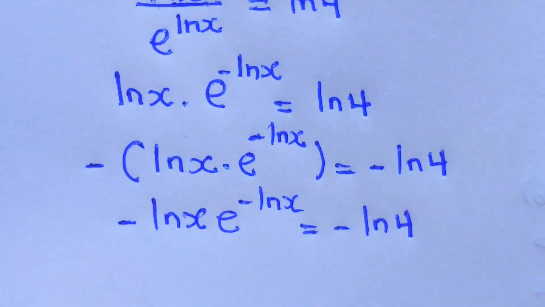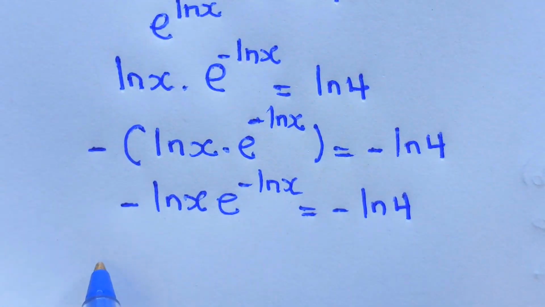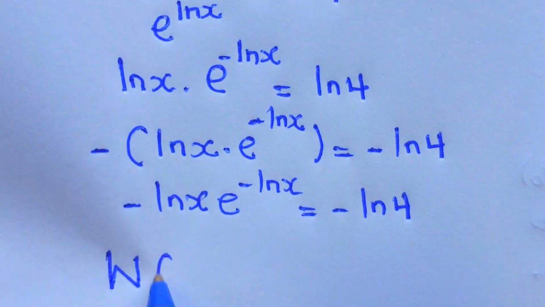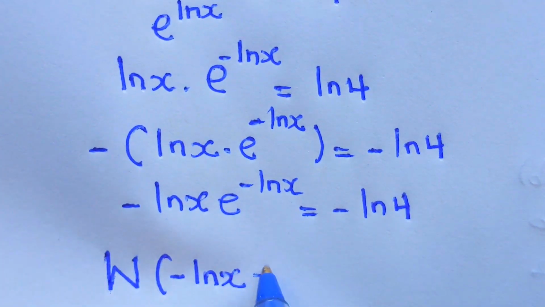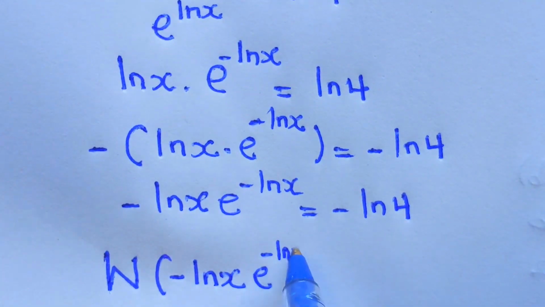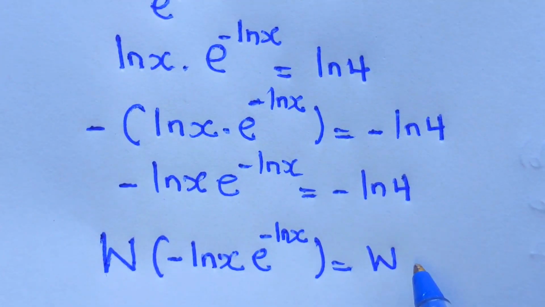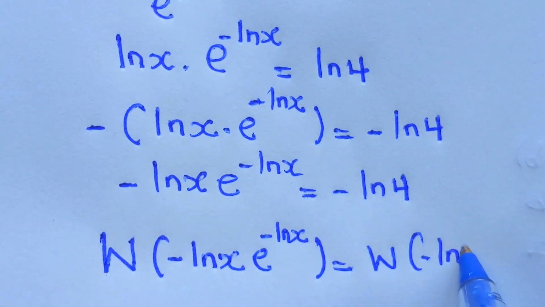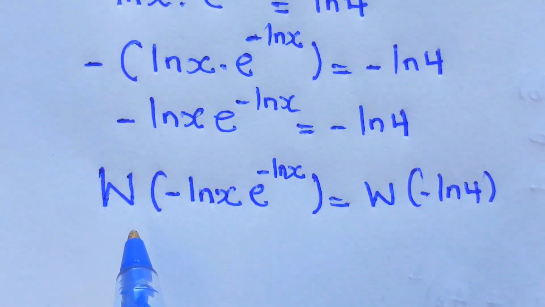Now at this stage we have this one, which is the same as this, so we can apply the Omega function: negative ln x e power negative ln x equals the Omega function of negative ln 4.